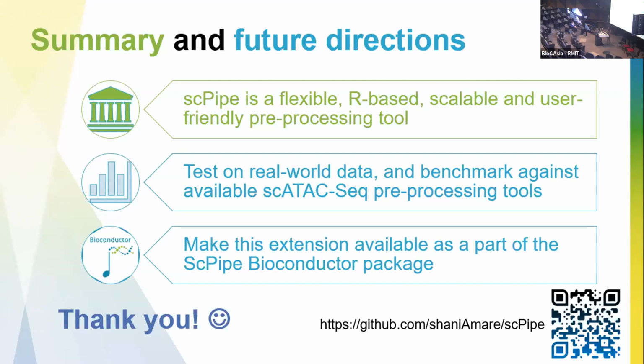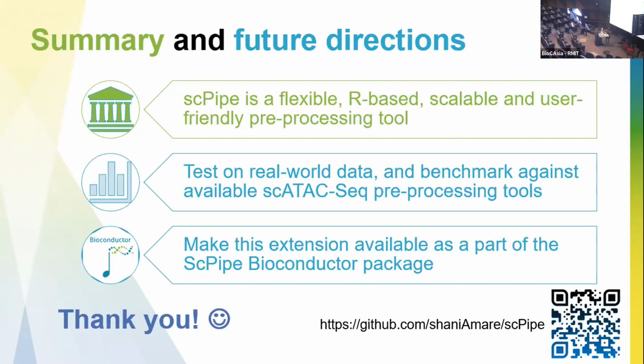Okay, so the peak calling is on the bulk level. It's not discriminated on the sample or anything, so the whole BAM file will be used for the peak calling. I understand that the sensitivity of the peaks would be low in that case, and that's why we had the binning option.